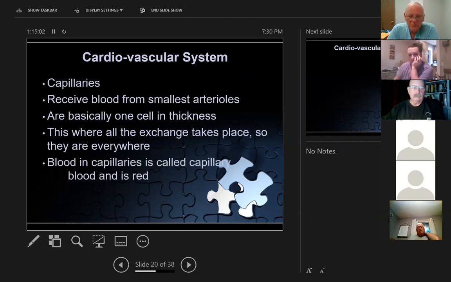Blood that's in the capillaries is just called capillary blood, and it's just your normal red, okay? So if we were looking at somebody that had capillary bleeding externally, which would basically be a road rash type of thing, it's just your normal red color, okay? And it just kind of sits there, maybe oozes a little bit, okay?